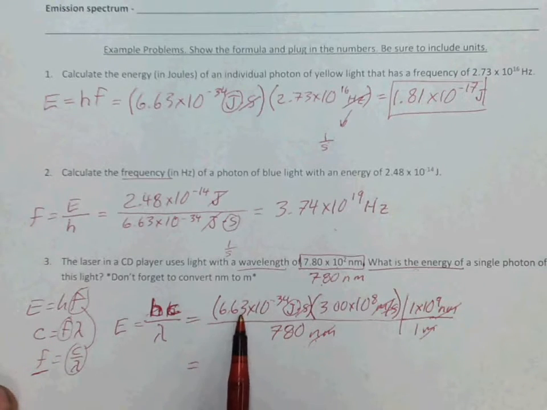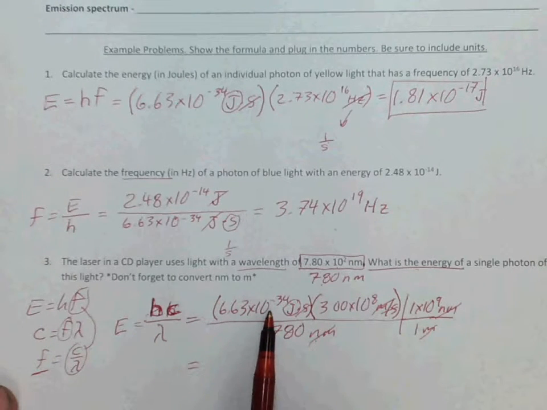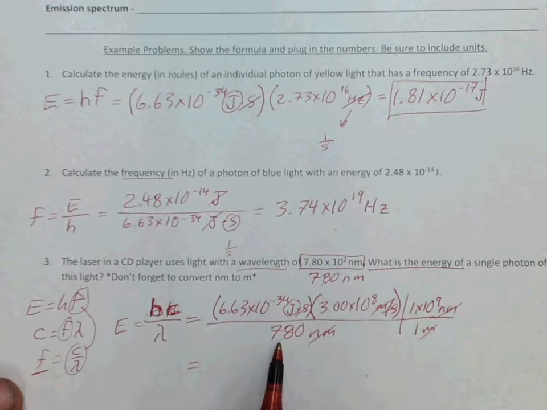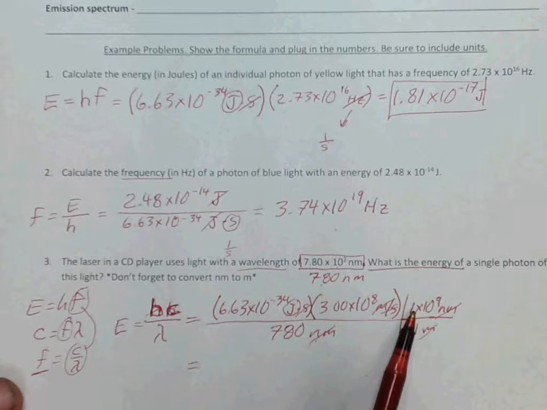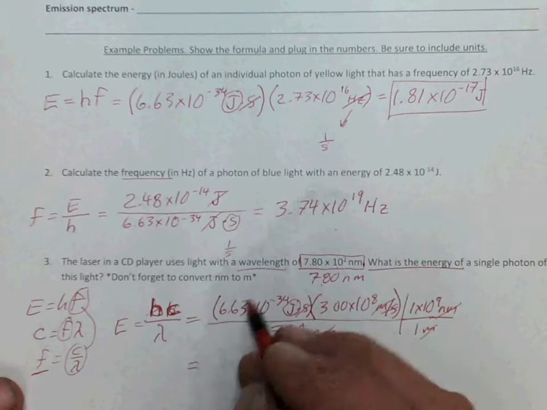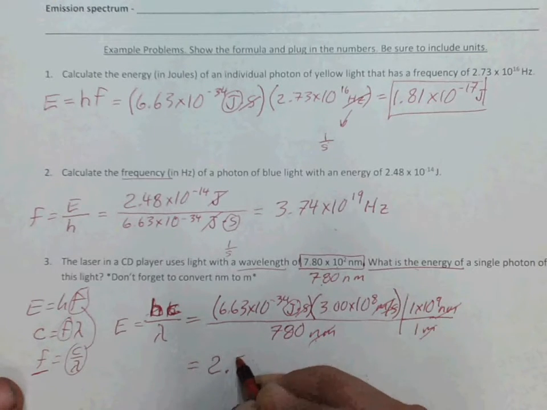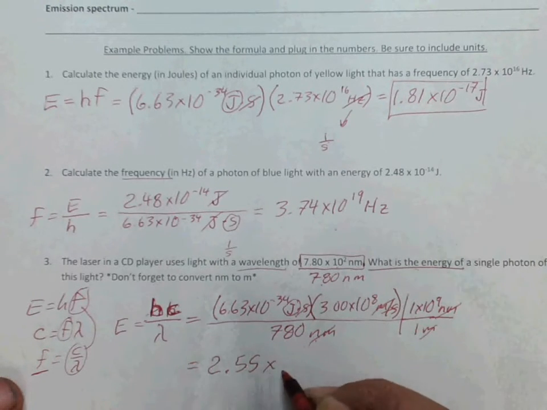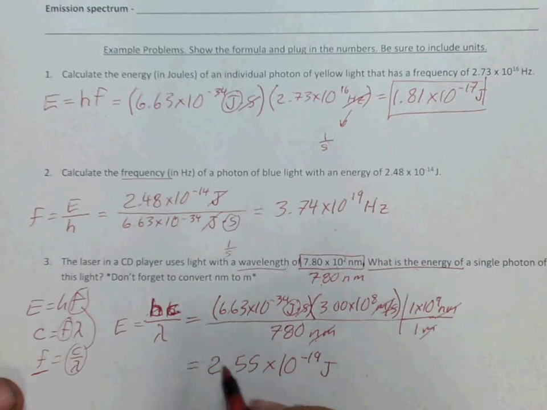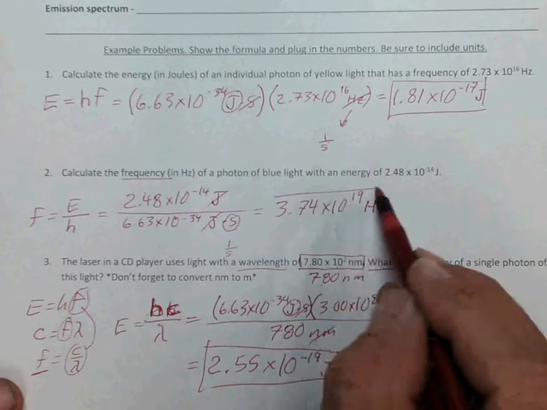So 6.63 times 10 to the negative 34 times 3 times 10 to the 8th divided by 780 times 1 second EE 9, that's 1 times 10 to the 9th, and we end up with 2.55 times 10 to the negative 19 joules. So that's our answer there. Didn't box that one.